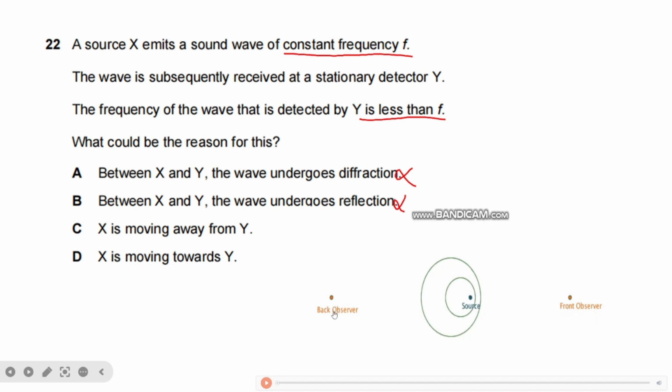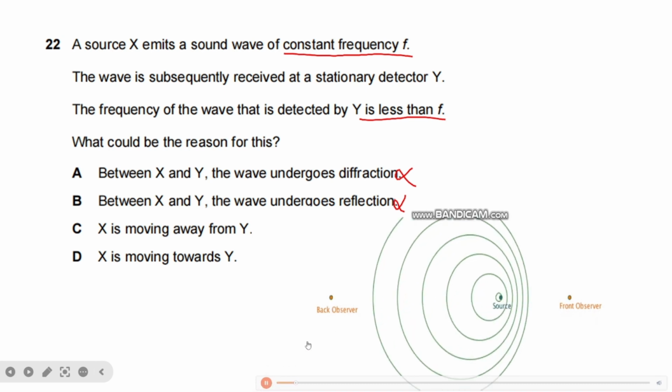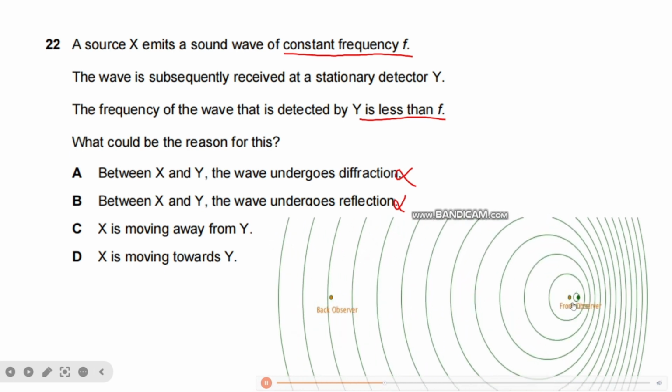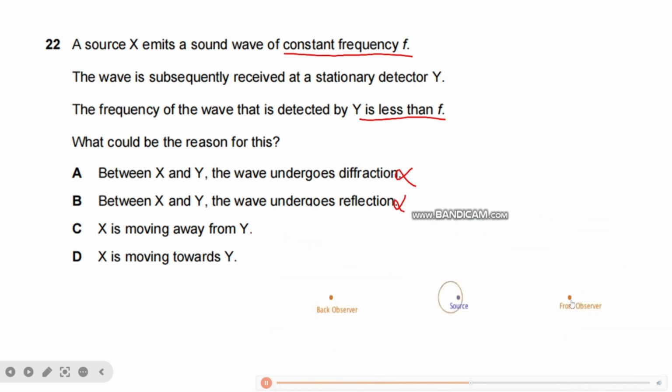In this case, this is the source which is emitting a constant frequency. Here is a front observer, and on the other side is the back observer. The source is moving from left to right. As it is approaching the stationary observer, the frequency is more.